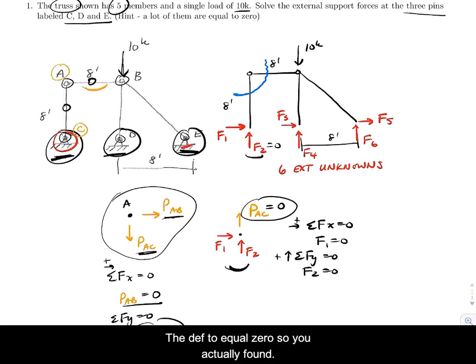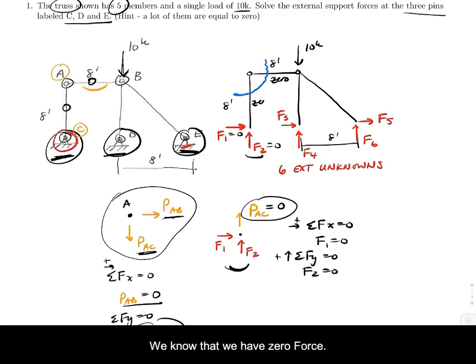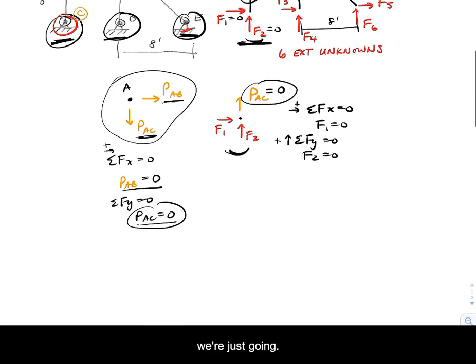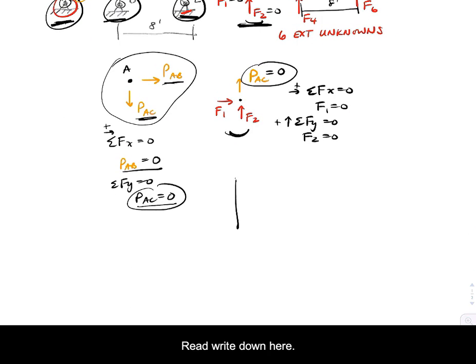So we've actually found 1/3 of our answer. We found the answer for the pin forces at C. So what we're going to do is take this free body and I'm going to redraw it, except we know that we have 0 force in those 2 members and we've got 0 reactions. So we're just going to redraw it down here.